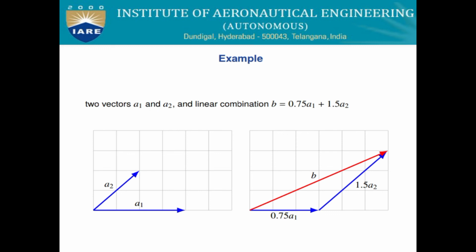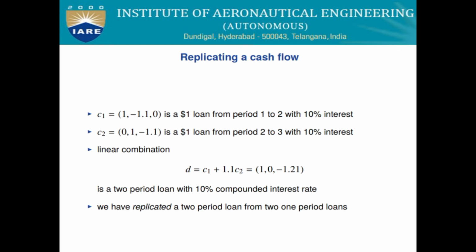These are examples of a linear combination of two vectors a1 and a2. These are the graphs, same as we saw before. Replicating a cash flow. c1 is equal to (1, minus 1.1, 0), a $1 loan from period 1 to 2 with 10% interest. c2 is equal to (0, 1, minus 1.1), a $1 loan from period 2 to 3 with 10% interest.